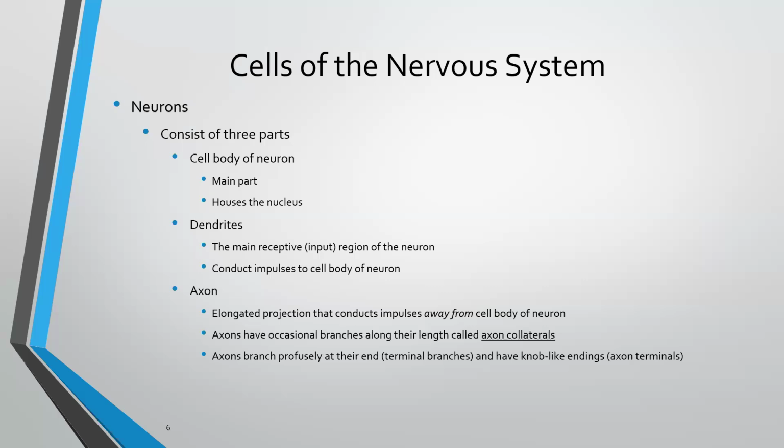So there's cells of the nervous system. What are the two types of cells found in the nervous system? That's going to be neurons or nerve cells and glia, which is specialized connective tissue cells. So neurons consist of three parts.